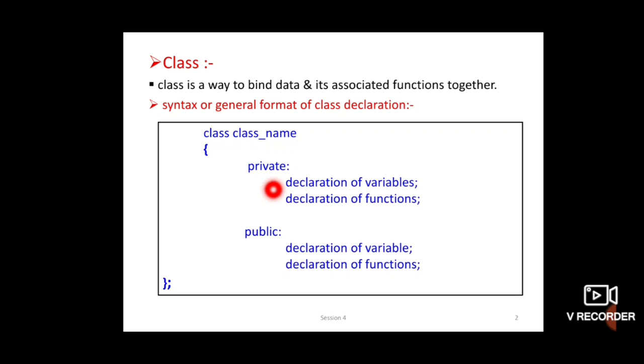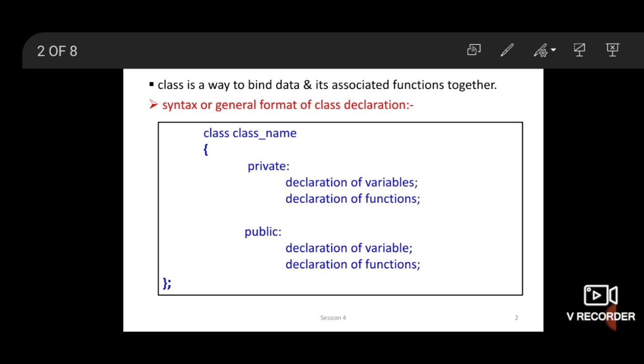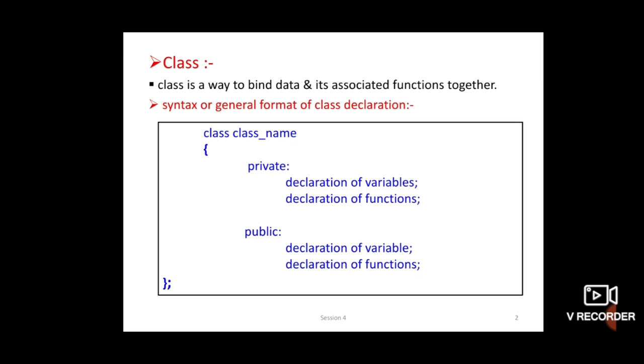See, class, class name, then begin sign, private, then colon, then declaration of variables, semicolon, declaration of functions, semicolon, public, colon, declaration of variables, semicolon, and declaration of functions, semicolon, and then end of class. After the end of class, a semicolon is there. If the semicolon is there, that is the end of class.